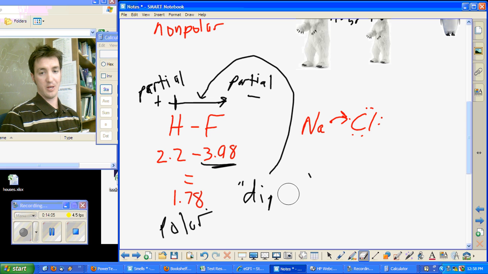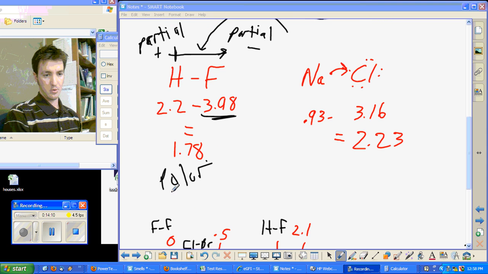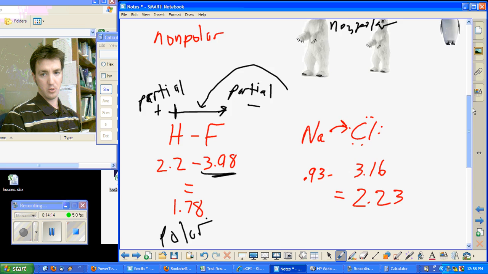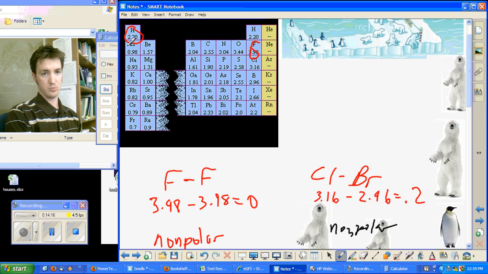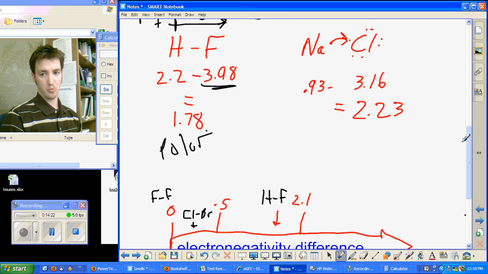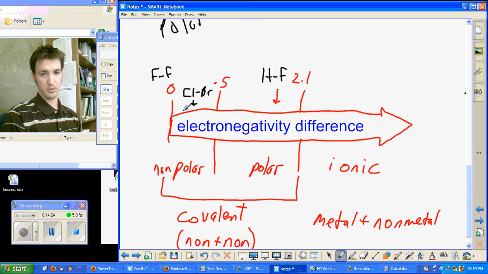For the last one, see if you can find the things and figure out what it is. So, sodium is 0.93, chlorine is 3.16 on the table there. You subtract them out, you get 2.23. You put that on this little handy-dandy chart, that would live right in there.